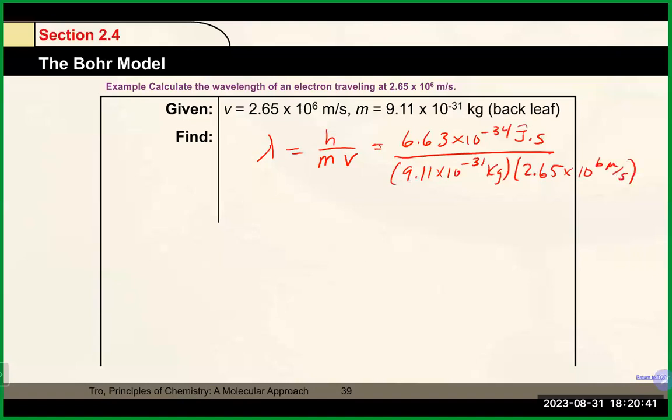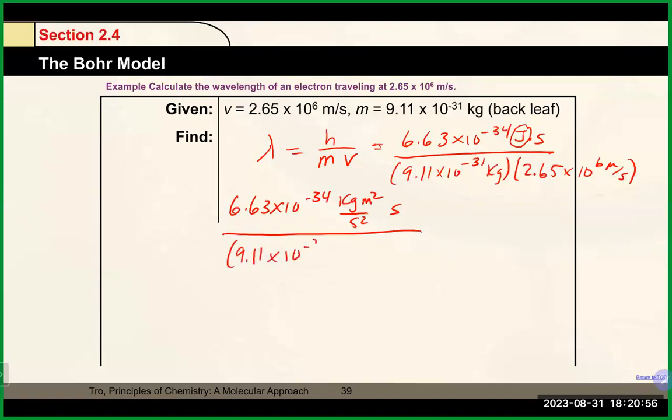Once again, this joule right here does represent a kilogram meter squared per second squared, times seconds, divided by the rest of our numbers here. Thus, once again, kilograms will cancel, seconds will cancel, and only one of the meters will cancel, leaving us in meters at this point.